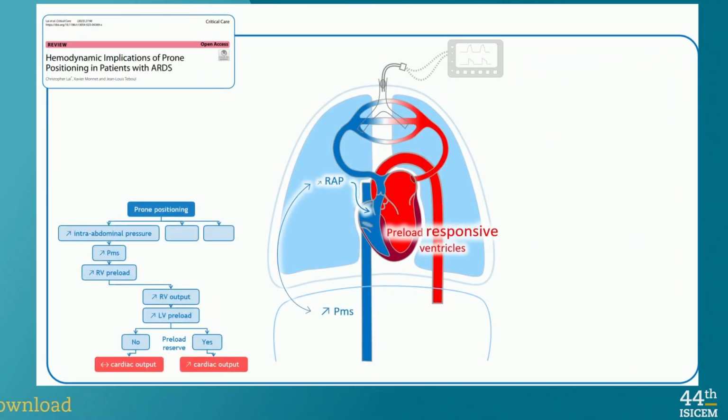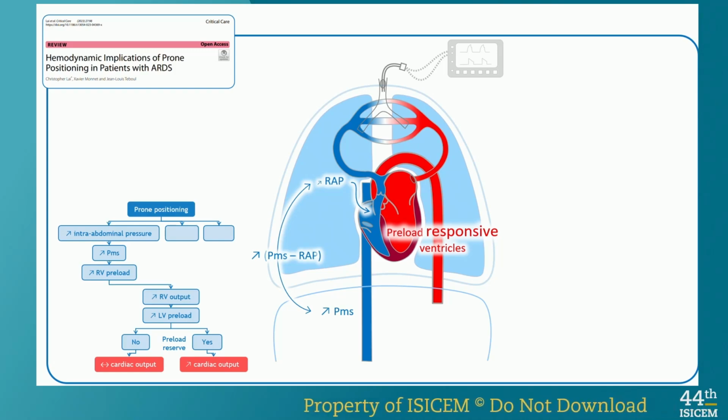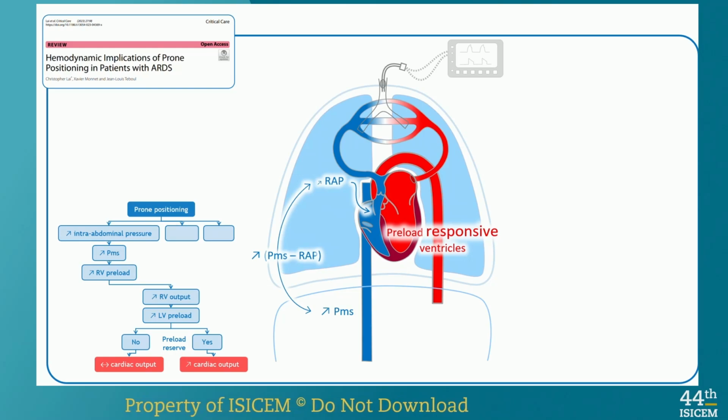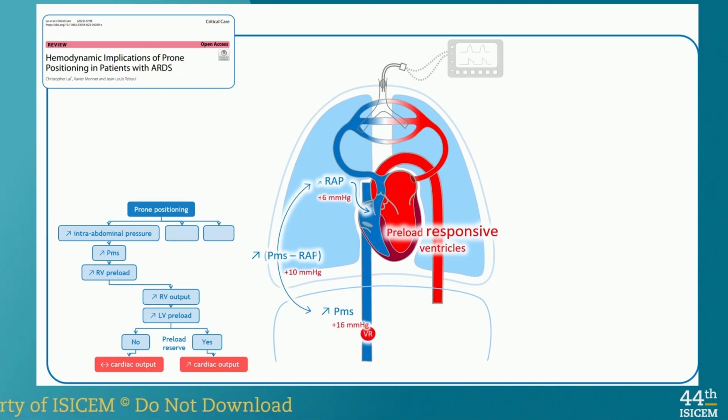Indeed, if both ventricles are preload responsive, the increase in mean systemic pressure increases cardiac preload, which reaches both ventricles, which is immediately transformed into blood flow. It means that the right atrial pressure increases less than the mean systemic pressure, exactly like in a fluid-responsive patient. For instance, if mean systemic pressure increases by 16, the right atrial pressure increases less, the pressure gradient increases.